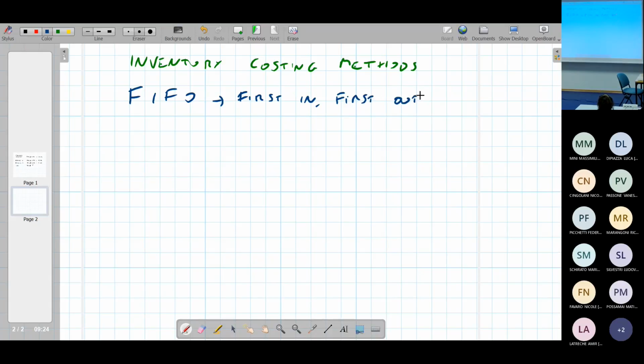You think that the oldest units are being sold first, and therefore we can determine the value of the units sold applying this costing method. Or you could apply LIFO, which means last in, first out. So the last units bought are the first to be sold.